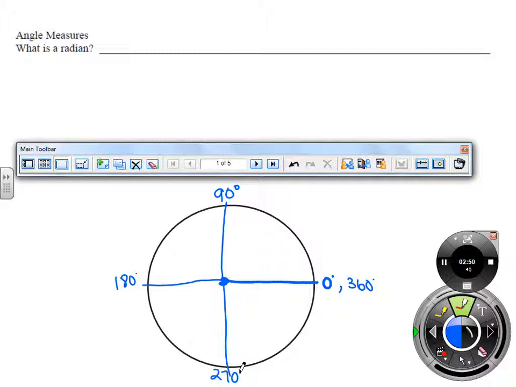Okay? So let's say that we want to put in, I'm going to cheat and use your paper, 50 degrees. Where would we draw a 50-degree angle? About upper right hand, somewhere over here.